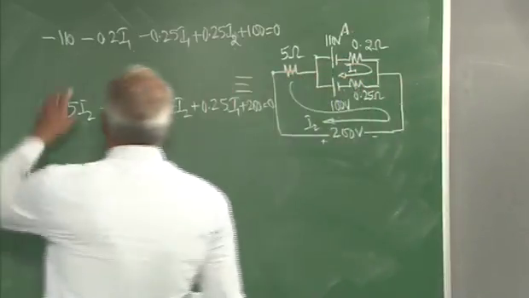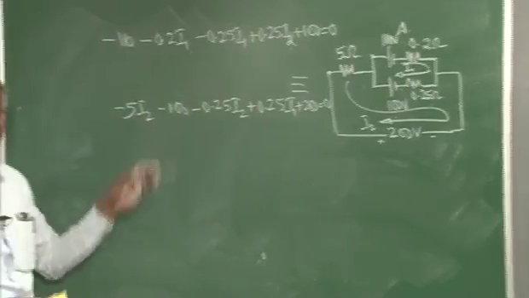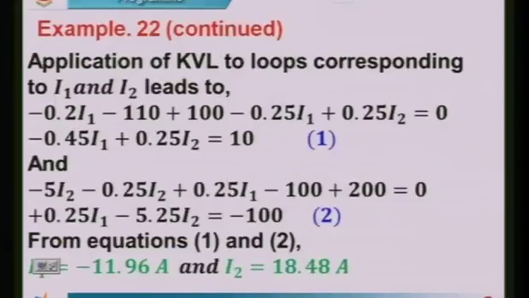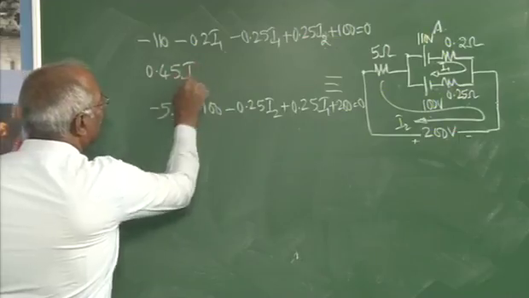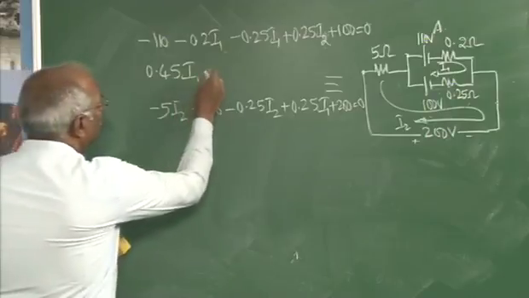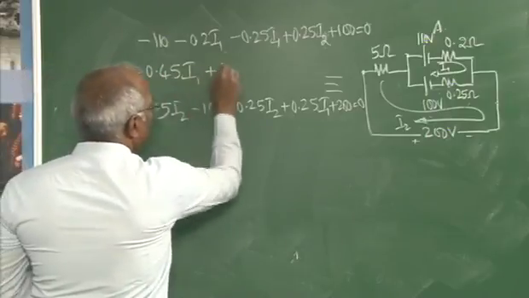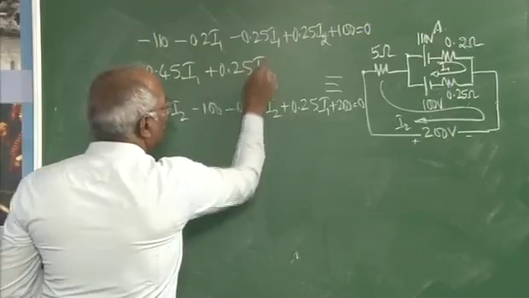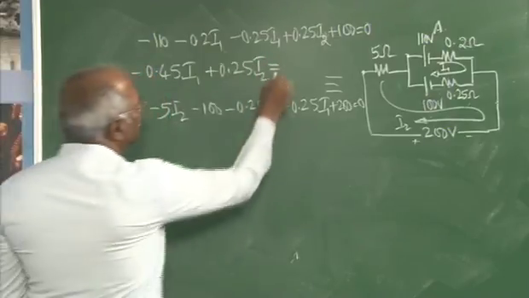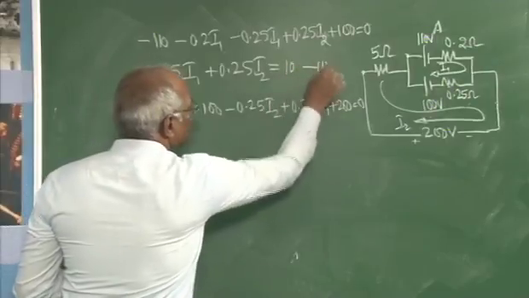As we solve these two equations, after simplification, it results in the first equation: 0.45 I1 minus 0.25 I2 equal to 10 volt. This is the first equation.